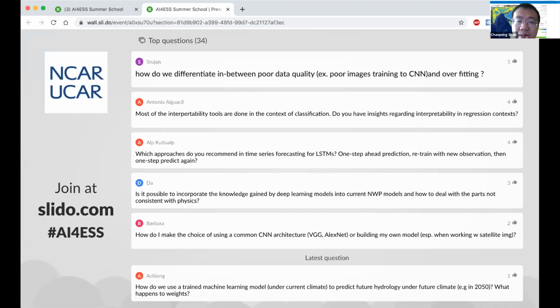The first thing you can try is to just look at the difference between the training and test set or a validation set. Just look at how different those performances are, and that tells you whether the model is overfitted.